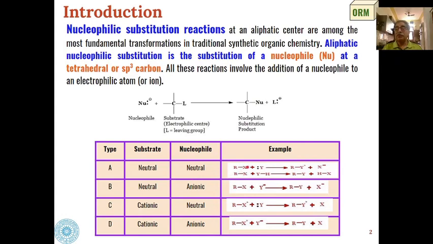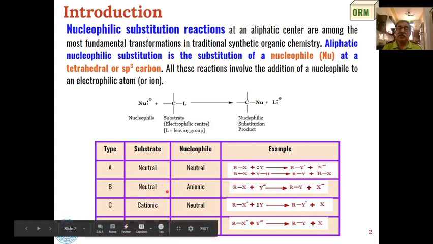So for example, if we have any alkyl halide and a neutral nucleophile having a lone pair of electrons, or a nucleophilic center attached to an electrophilic center, but the system is a neutral system, we will get these types of reaction products. This alkyl will get attached with the nucleophile, and this X negative will be substituted.